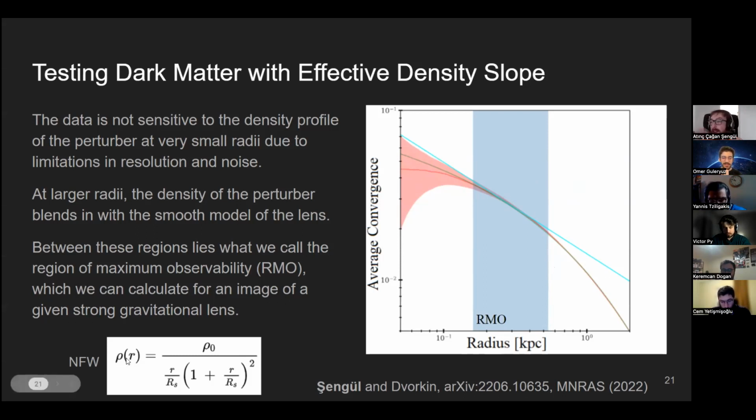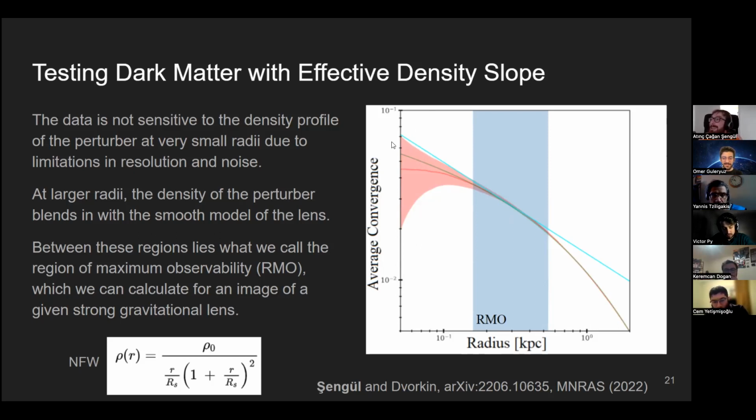This NFW profile is really successful when you want to study cold dark matter and explain cold dark matter. And self-interacting dark matter starts deviating from that. But empirically, what we observed is that you can actually fit these real objects when you're modeling them in real strong lenses with only a single power law and get really good results.